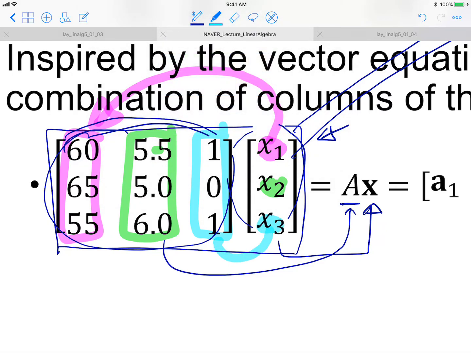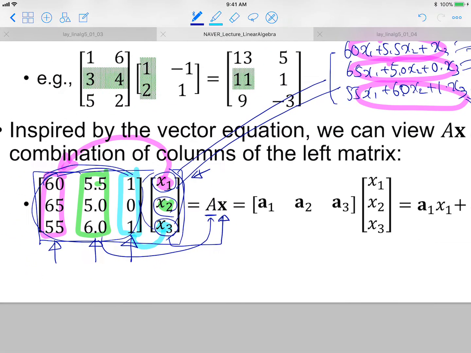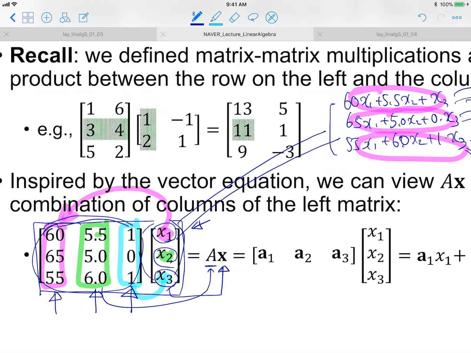So that way we can view matrix and vector multiplication as a linear combination of these 3 columns of the left matrix, using these scalar values in our vector on the right as linear combination coefficients. So that's how we can view this matrix vector multiplication.